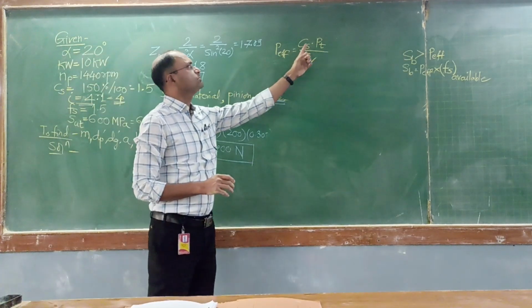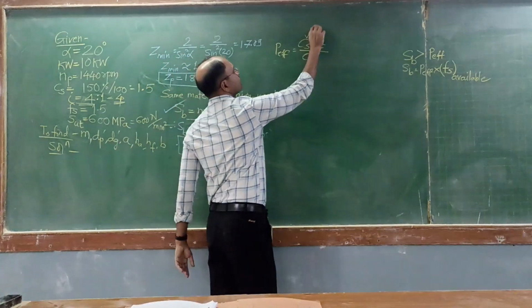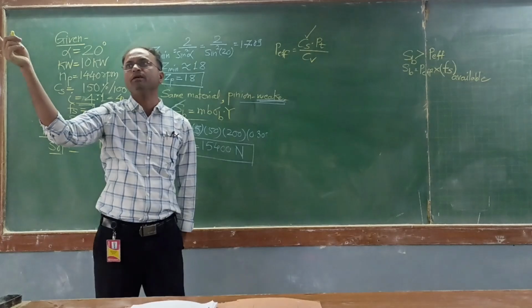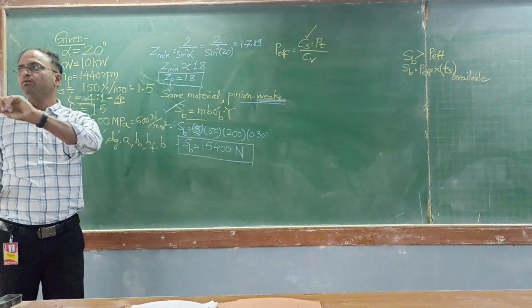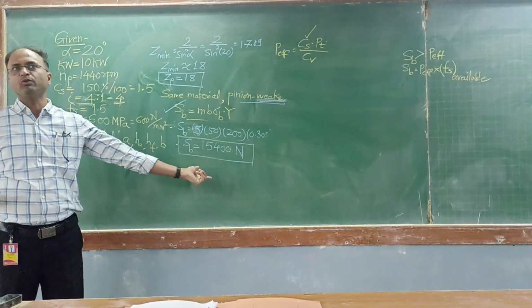So we use CS PT upon CV. CS is known, PT we have to find, and also CV. Now the corrected value of CV. CV we already obtained as 0.375, but now we cannot use that because velocity will now change depending upon module.